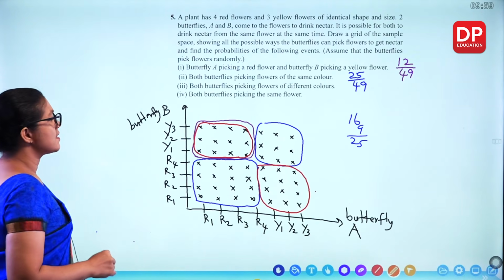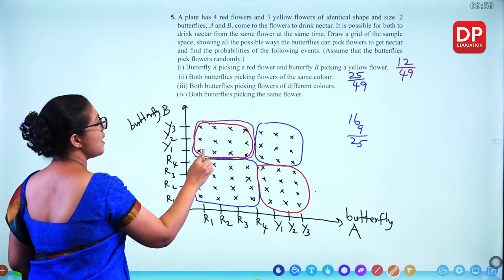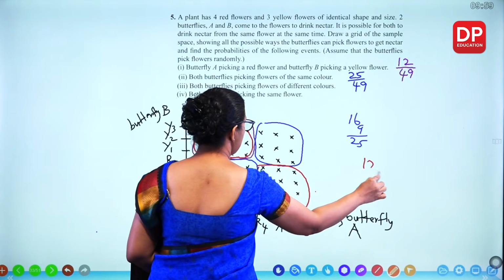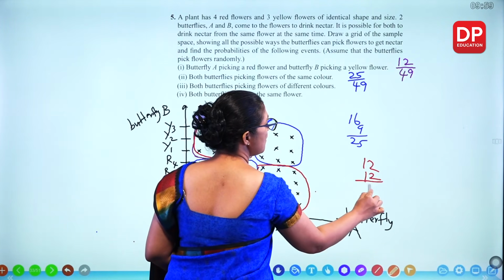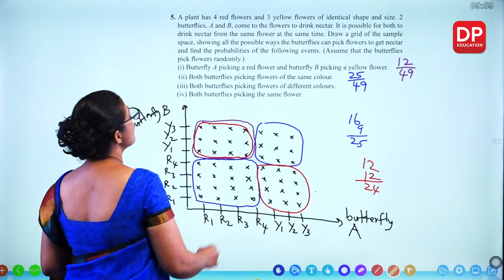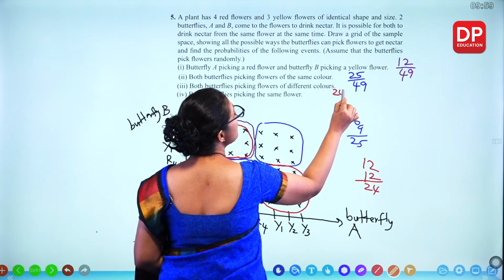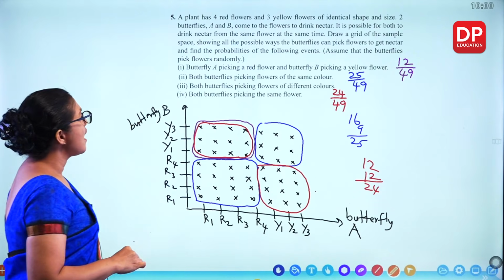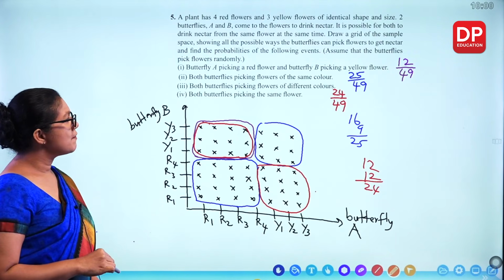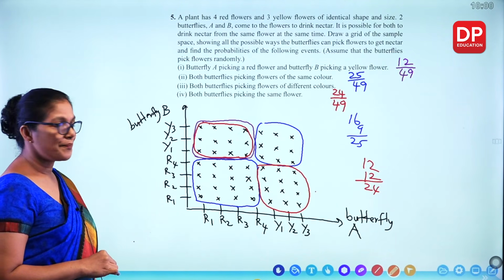So these two sets. Here 4 times 3, 12 and 3 times 4, 12. 12 and 12, you get 24. So what's the answer? 24 out of 49.